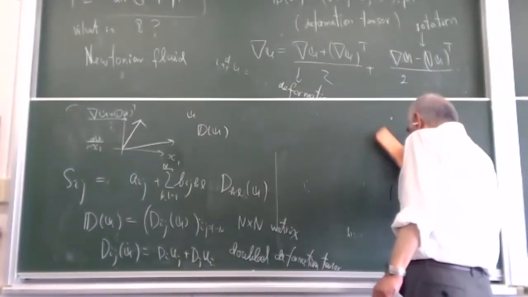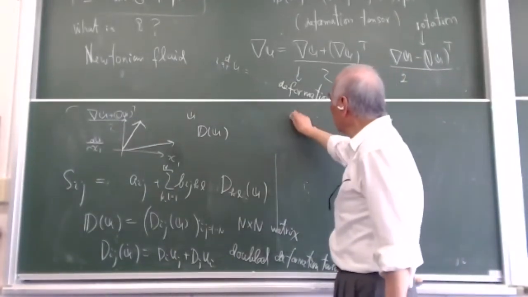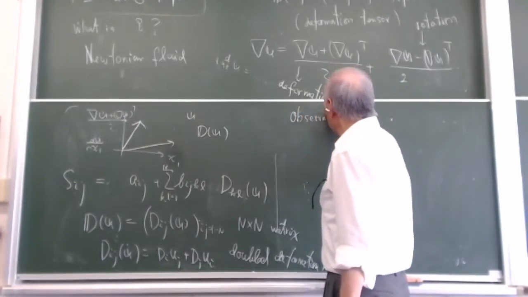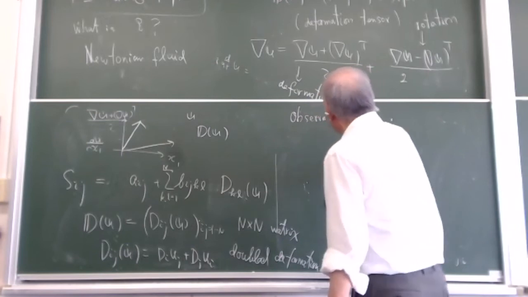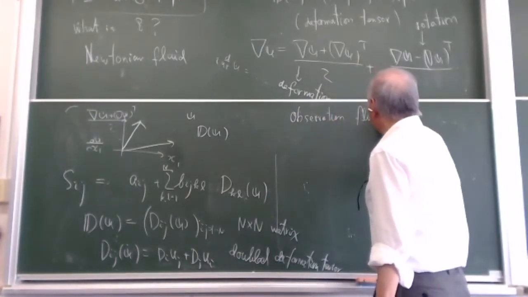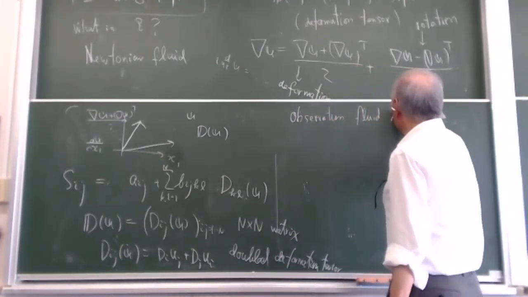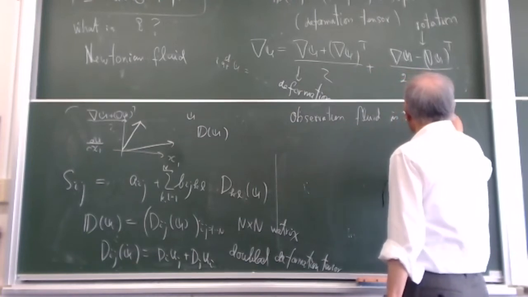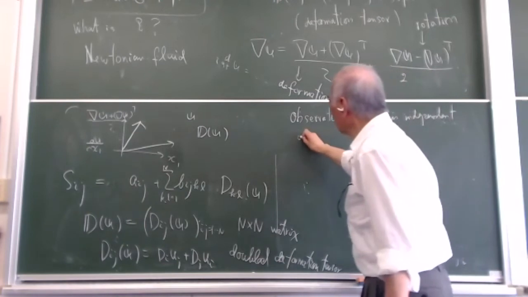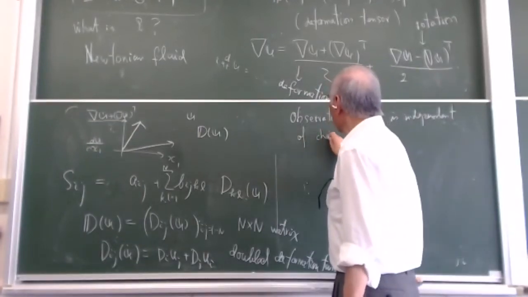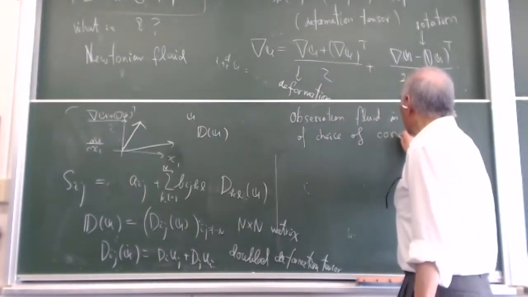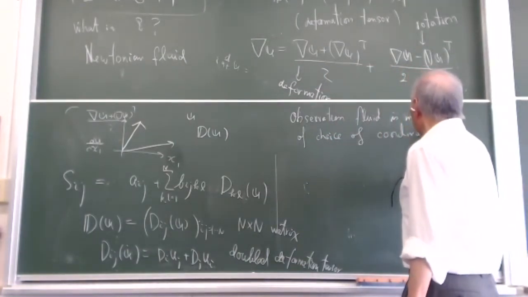Usually the fluid observation is independent of the choice of coordinate, the Euler coordinate.